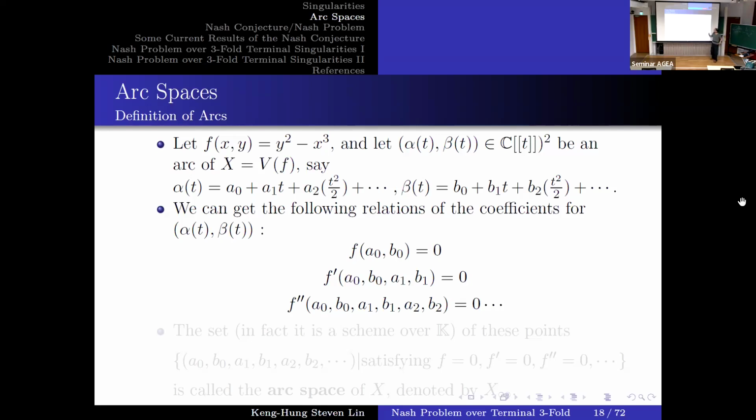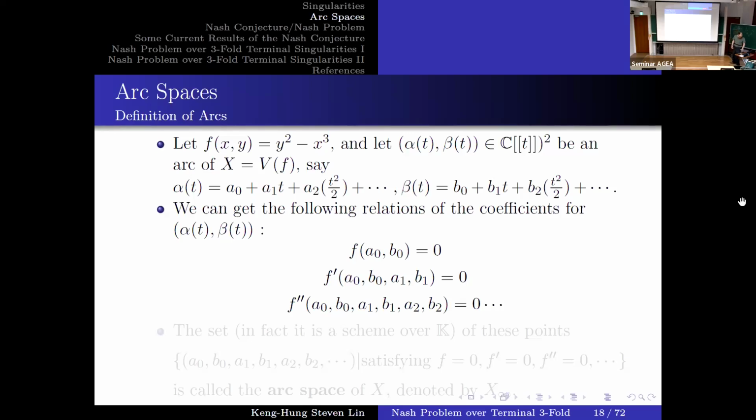And we know that formal power series are uniquely defined by coefficients, right? So we can compare the coefficients of each power of t. For example, you can expand this equation and look at the zero order term, first order term, second order term.